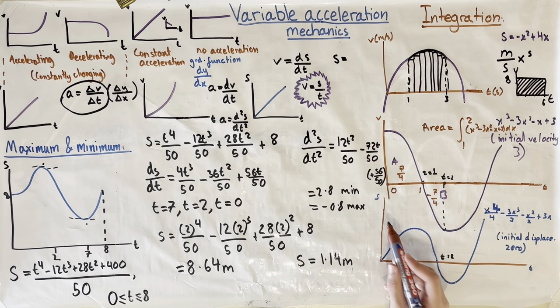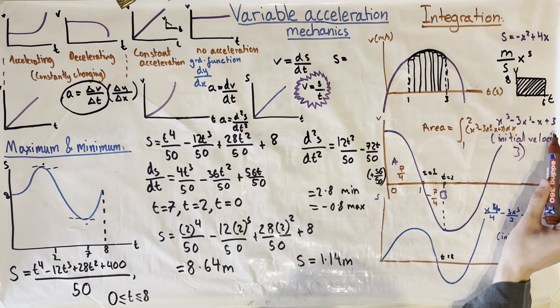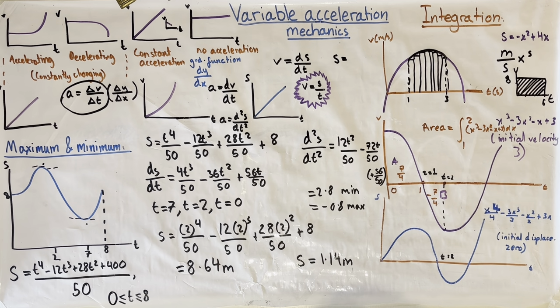And we can see that when we draw the displacement time graph for the equation that we have for velocity, at time t equals 2 seconds, the displacement is 0 again, and that correlates with the graph here.